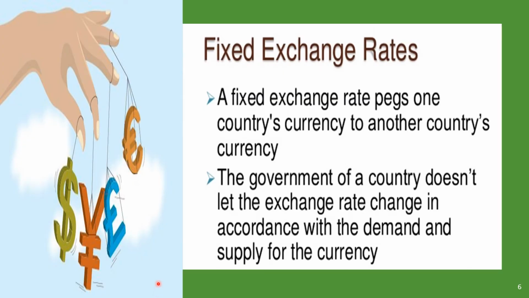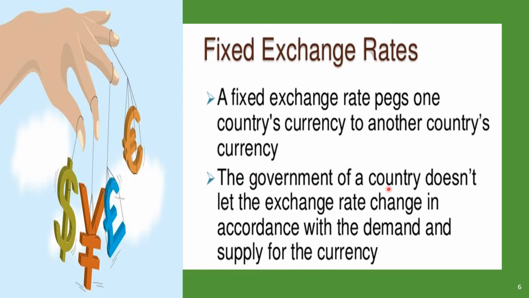Before we move on to learning about the gold standard system and the Bretton Woods system, which come under the fixed exchange rate system, let us now define the fixed exchange rate. A fixed exchange rate pegs or fixes one country's currency to another country's currency.